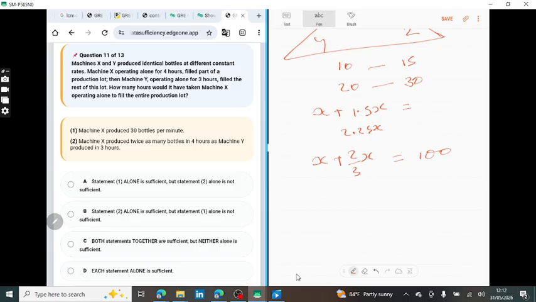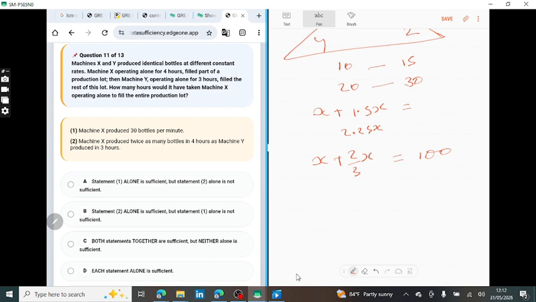Statement 2: machine S produced twice as many bottles in 4 hours as machine Y produced in 3 hours. This one is going to be sufficient, because remember what we are looking for is the time, not the actual bottles produced. We can express one rate in terms of the other.